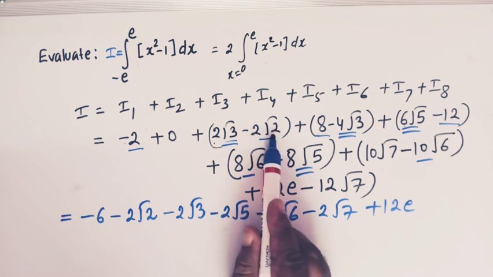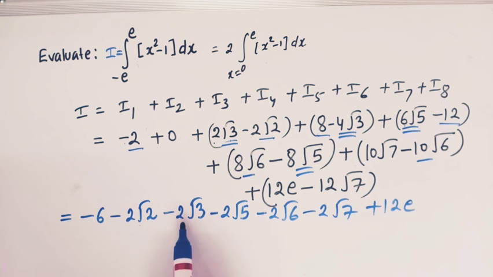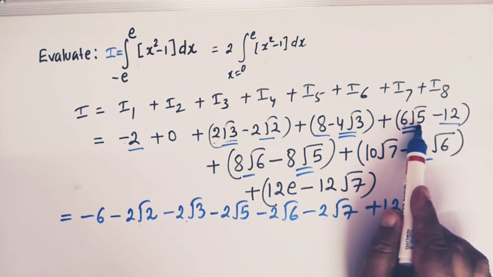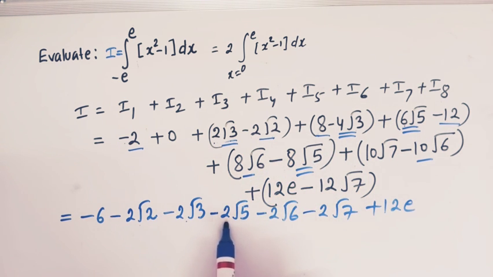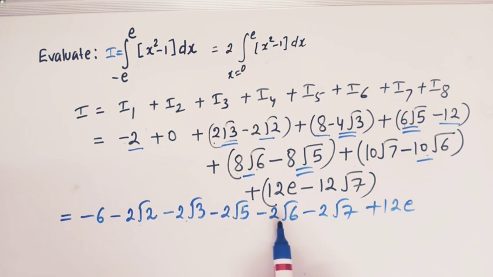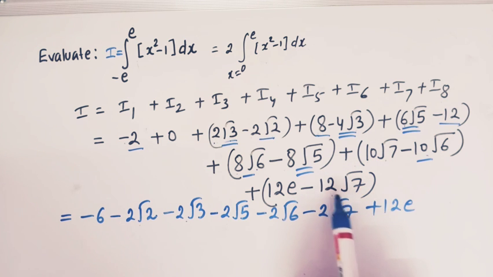Then here we'll have minus 2 root 2, then 2 root 3 minus 4 root 3 is minus 2 root 3, and 6 root 5 minus 8 root 5 is minus 2 root 5, and then 8 root 6 minus 10 root 6 is minus 2 root 6, and then 10 root 7 minus 12 root 7 is minus 2 root 7, and then we'll have this term 12e, right?